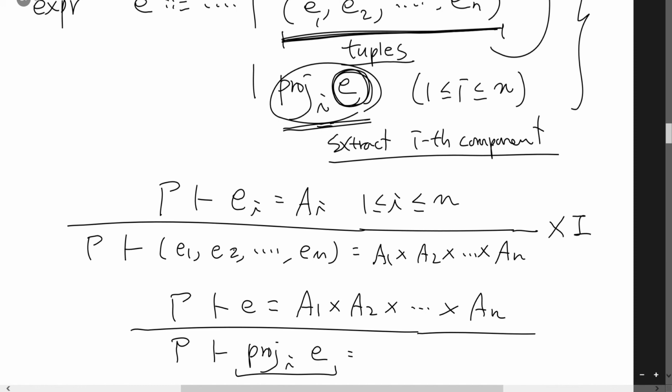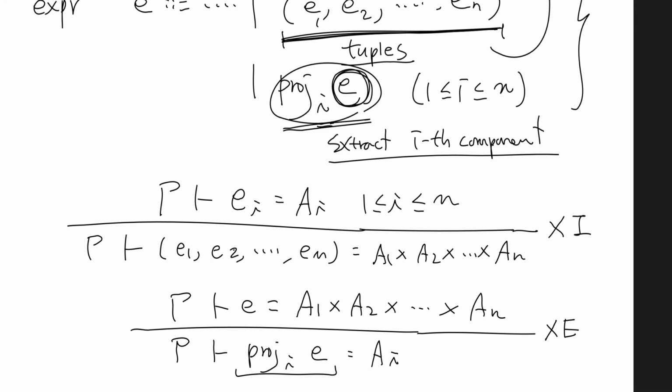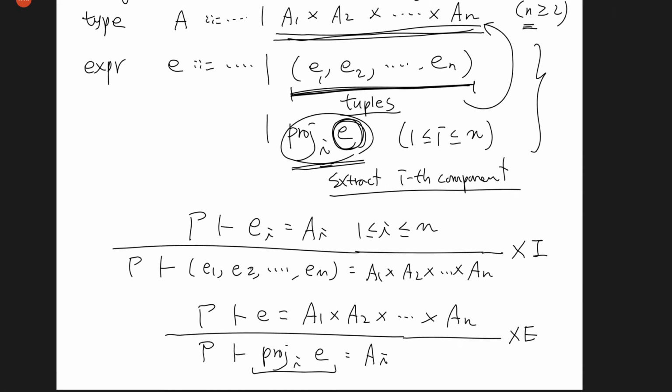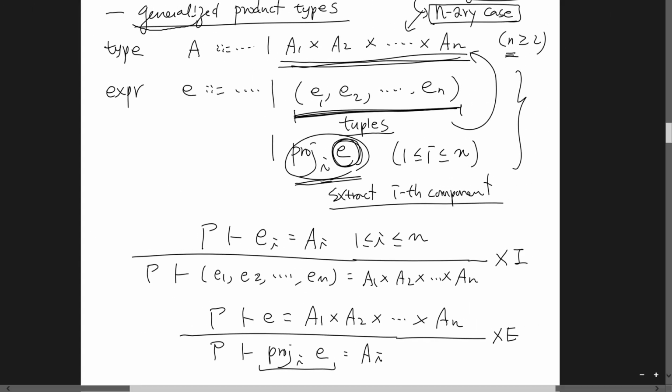Then we are going to extract the ith component, so it's going to have type Ai. So this is a product elimination rule, generalized. This is how we generalize product types.